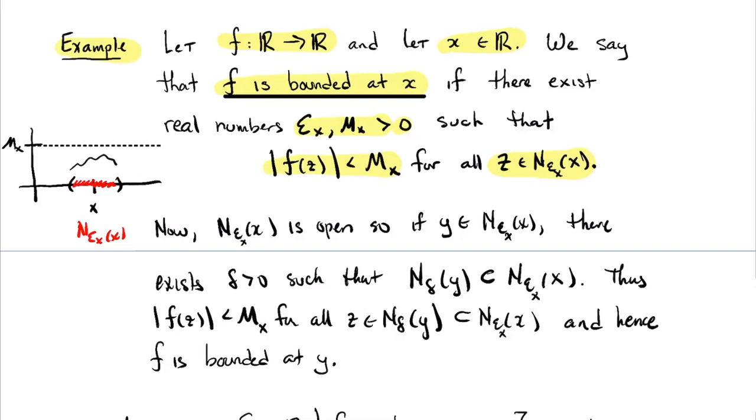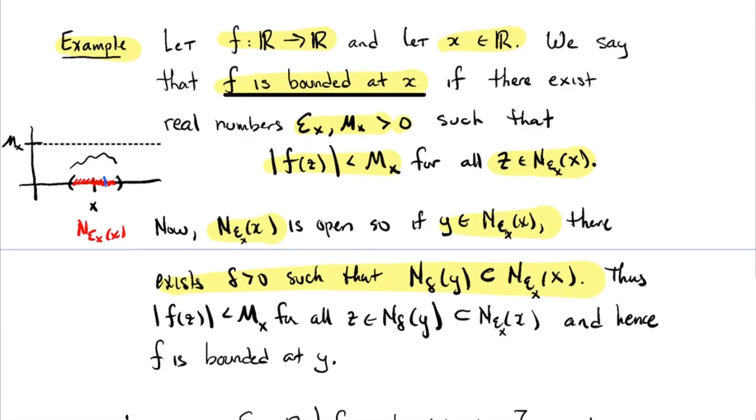Okay, so that's the definition. Now I want to say something about the nature of the set of points where a function is bounded. The epsilon neighborhood of x is certainly an open set. So if you pick some element y in it, then there has to be some neighborhood around y that stays in there. My picture is going to get a little small because I drew it small, but if you pick a y inside that epsilon neighborhood, then you can find a delta neighborhood of y that stays in there, right?